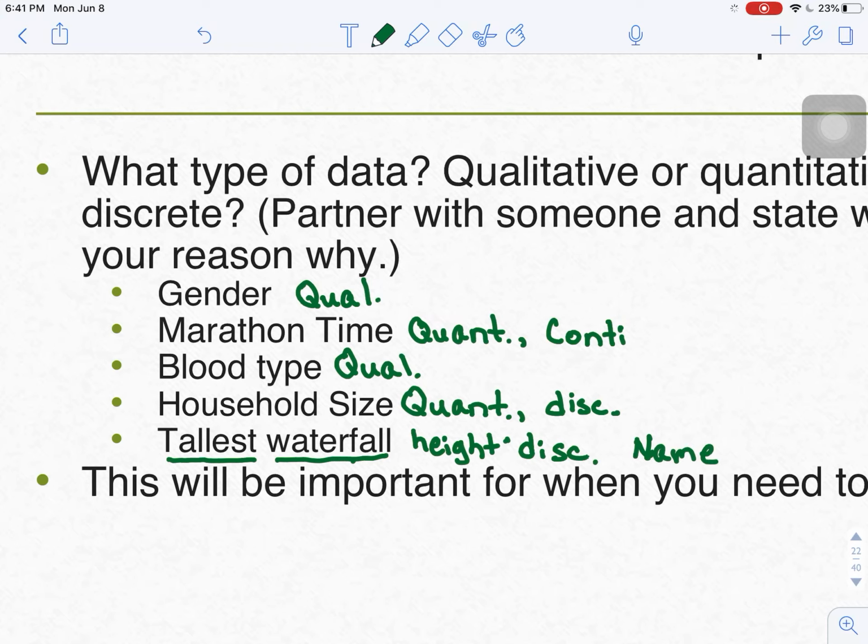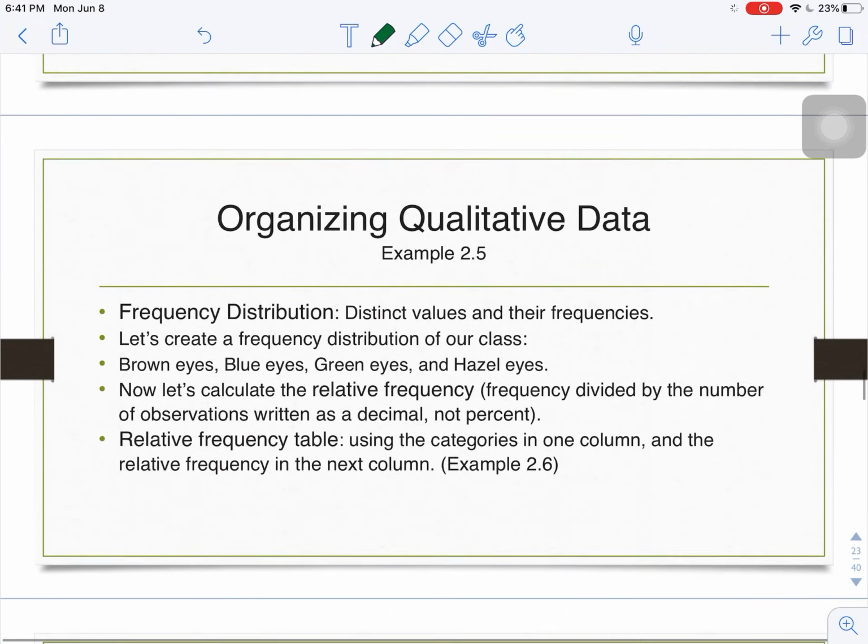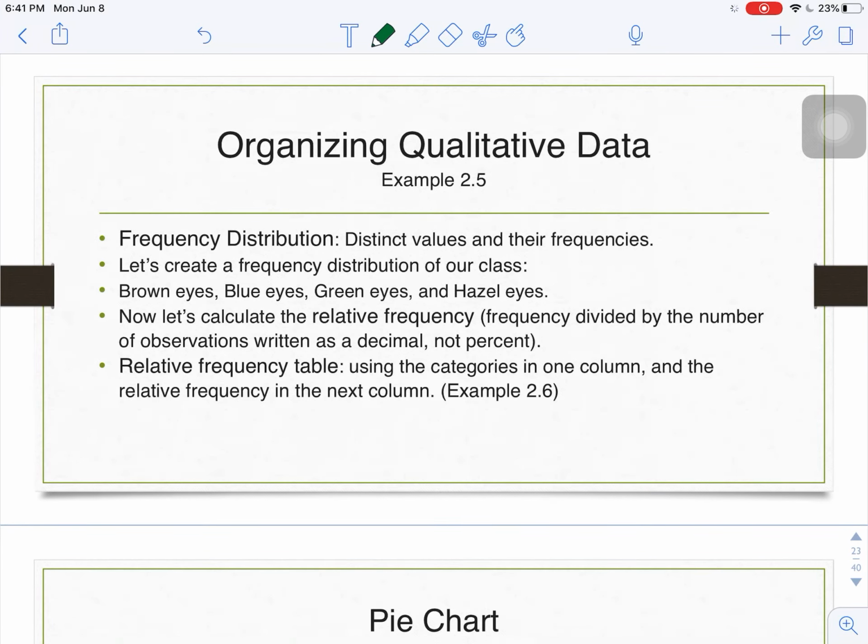And if we're looking at the name, it would be qualitative. For your assessment, I do ask for you to give an example of both a qualitative and a quantitative example. And I also ask you to give an example of a continuous versus discrete example as well.